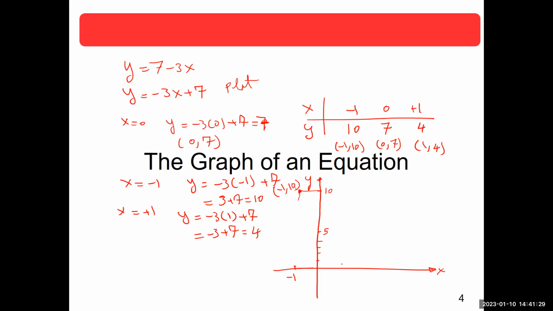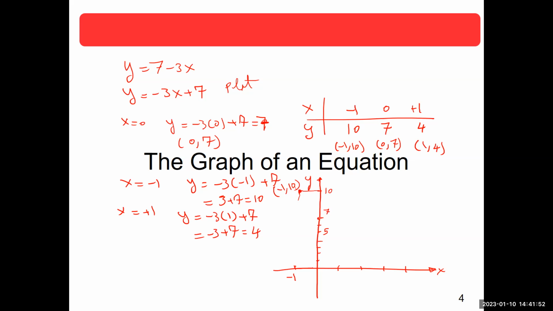So next thing, this is 1, 2, 3, and 4. So what is the next point? We have 0, 7. So this is 6, 7.